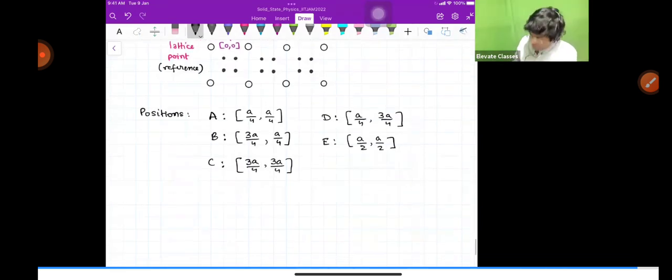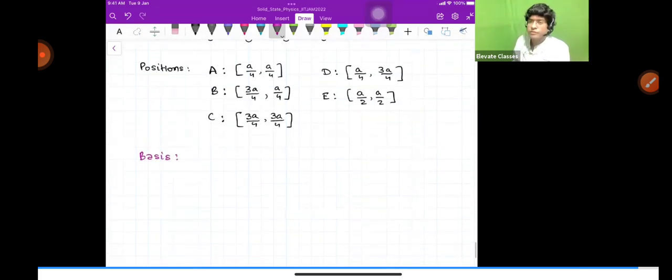Now basis. Now let's define the basis. Can you define the basis now? Basis में the big circle जो है, या circles you can say, okay? Circles कहाँ पे placed है? Like it is at A by 2, right?